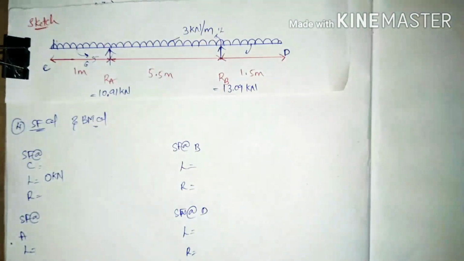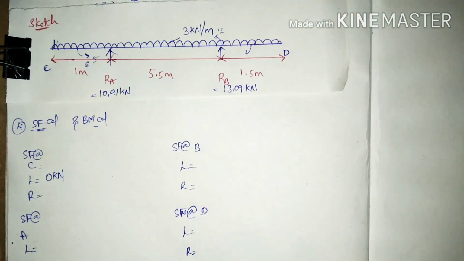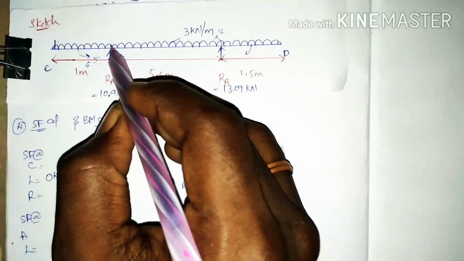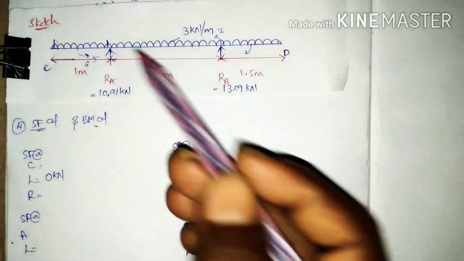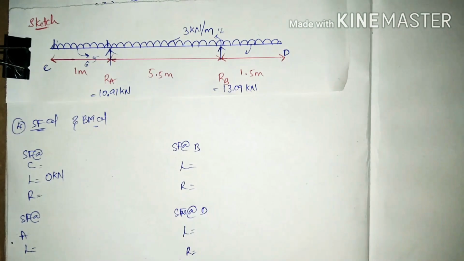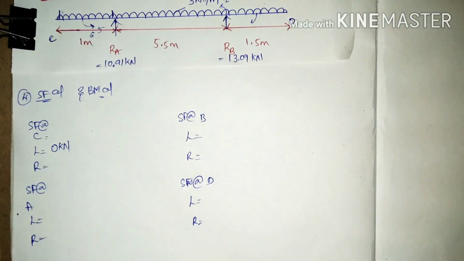Moving to the right of C, the UDL cannot be divided up to the right of A, so I take the left of A, where the UDL ends between C and A. Here I have the UDL to the left of A, 3 kilonewton per meter acting for 1 meter, that is 3 into 1, in the negative direction because downward is negative.